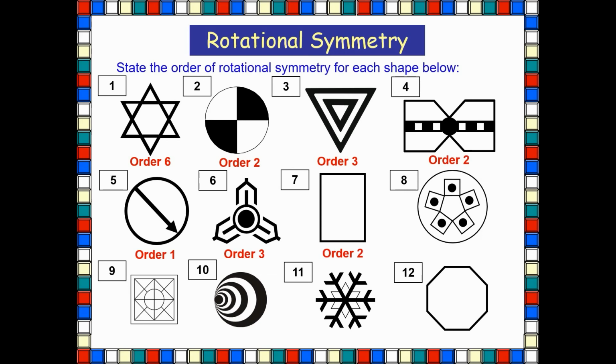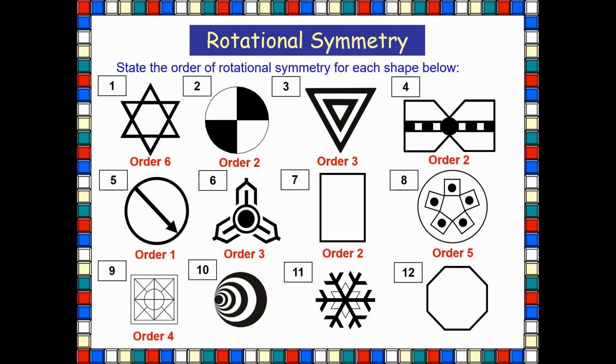Question 8, we have like a pentagon, and those 5 rectangles with circles, so order 5. Question 9, we have a square and a design. Since the design in the square is uniform, we can say that it has order 4.